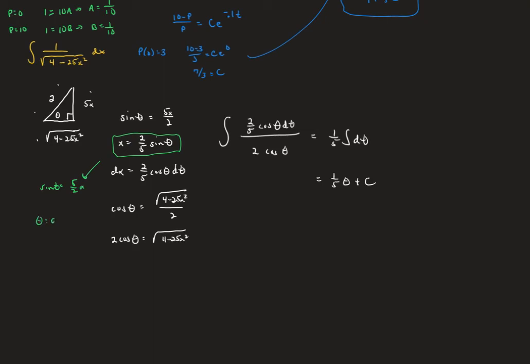So theta is going to be arc sine of 5/2 x. And so we're going to get 1/5 arc sine of 5/2 x plus c.